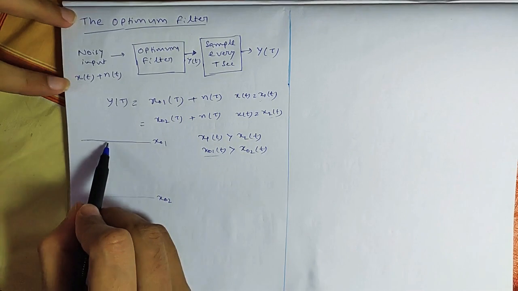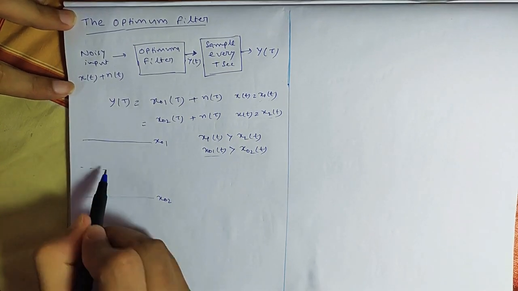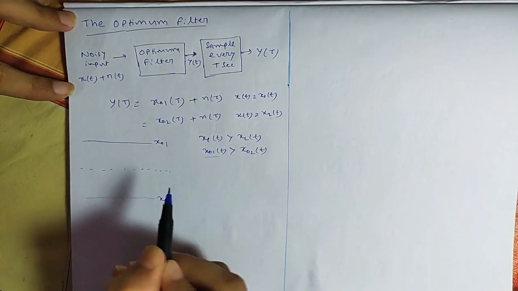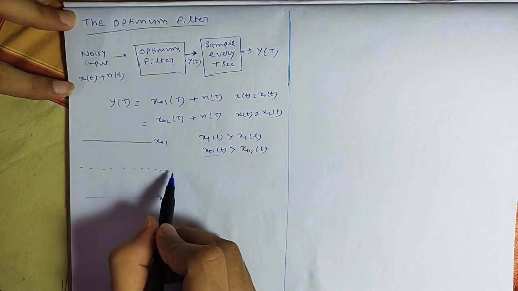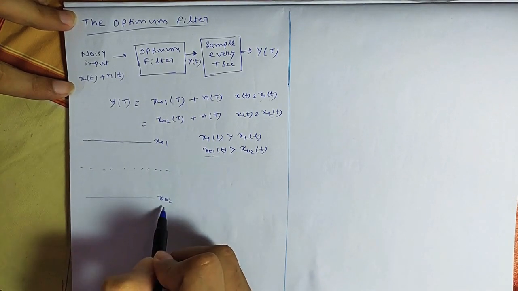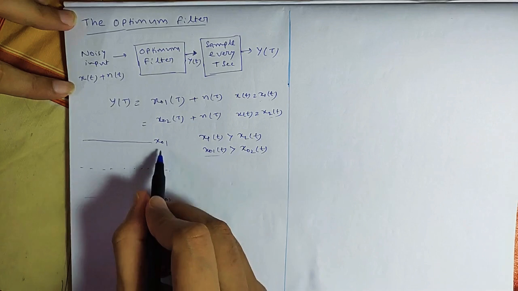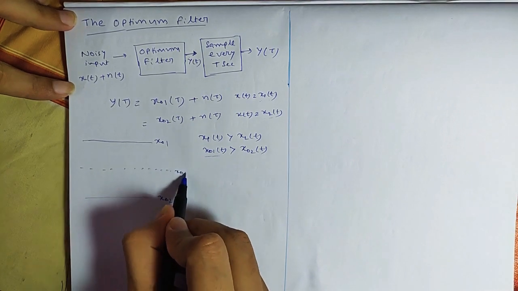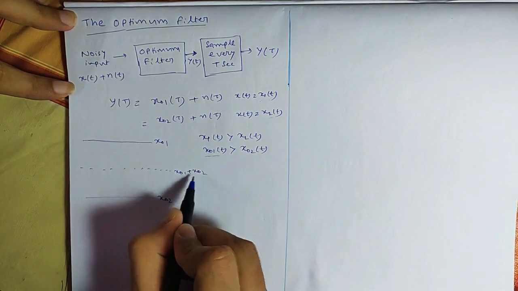The decision boundary we generally take in the middle. This level corresponds to the average of x01 and x02, so this level will be (x01 plus x02) by 2.